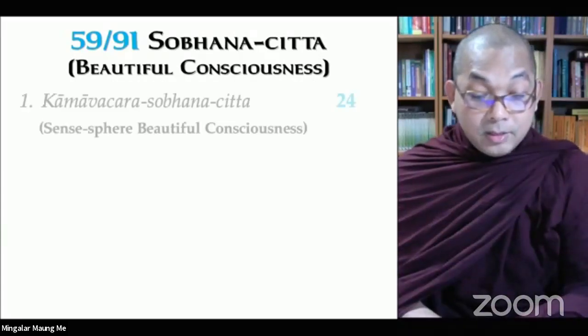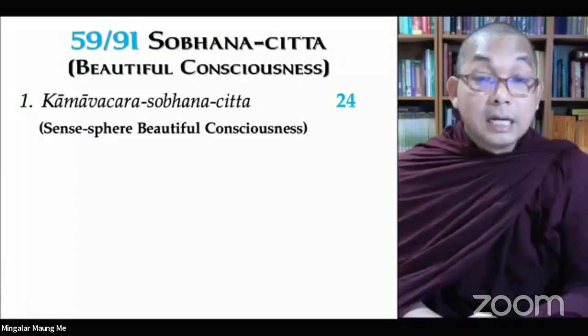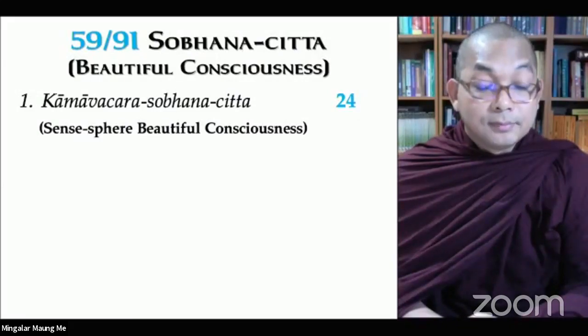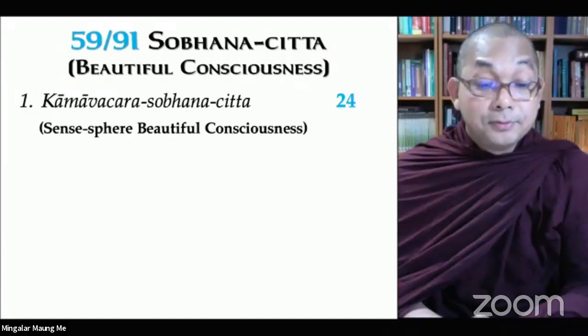The next one is sobhana chitta, beautiful consciousness. As I said earlier, we have 59 plus 91, also 91. We have 24 kamavacara sobhana chittas. Kamavacara means sense-sphere consciousness. Sobhana means beautiful.